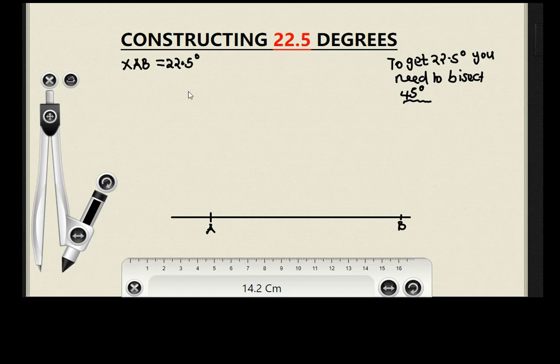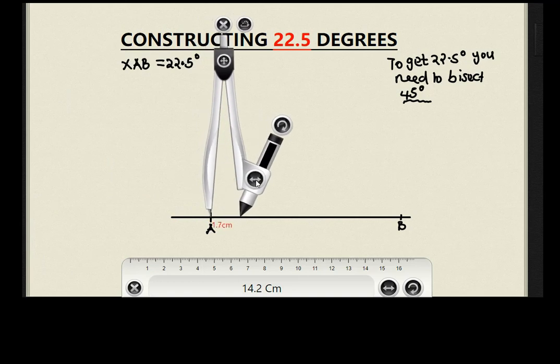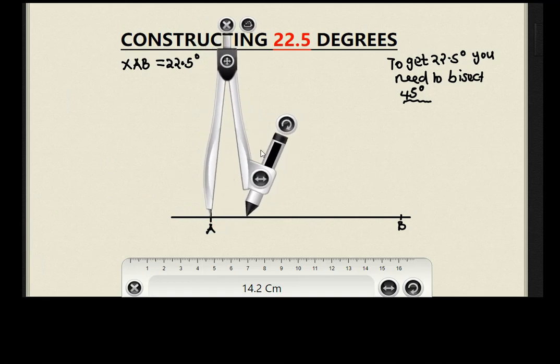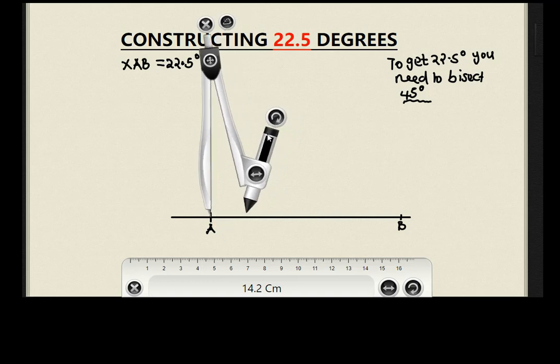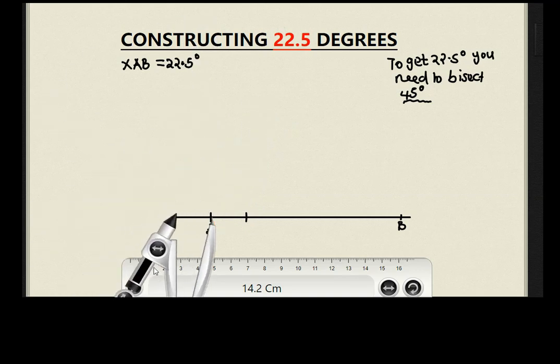So first at point A we need to construct 90 degrees. Like this.